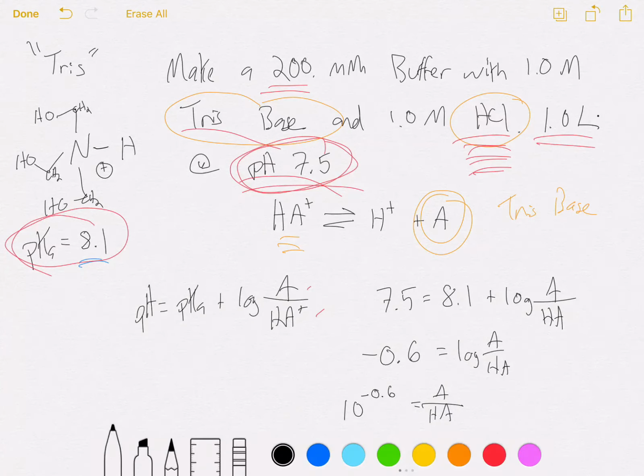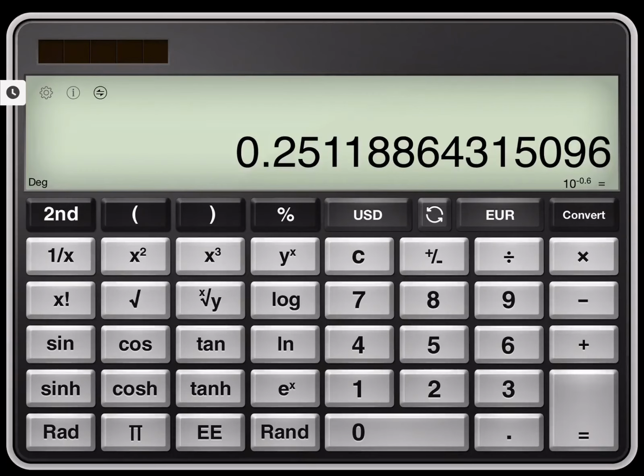Then we can plug 10 to the negative 0.6 into our calculator and get our answer, which I've already done here. You can see below the number, 10 to the minus 0.6, that's 0.2512.